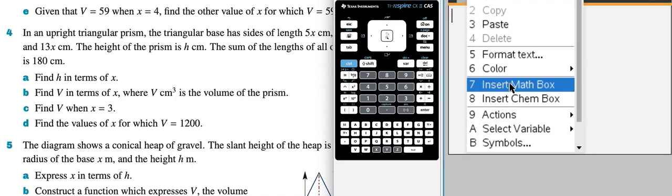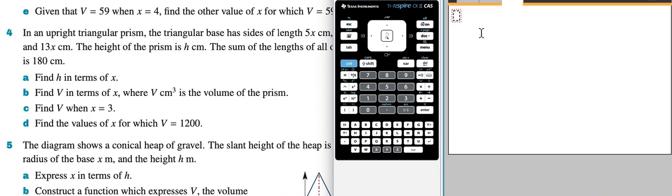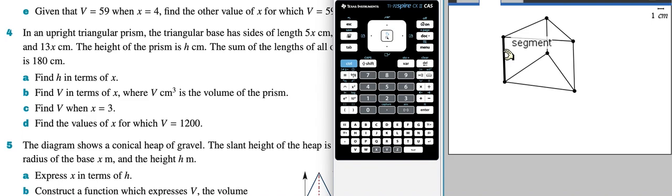and I'll put into a math box. All right, so basically what I'm doing is h equals, right, and of course I've got to look at the diagram. So I've got 3 sides that are equaling h, and then I've got 5x, 12x, 13x, but I've doubled them.